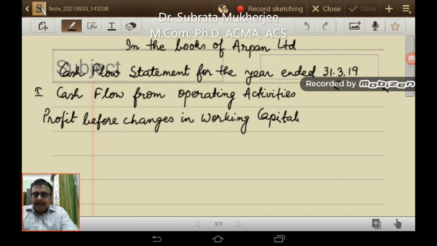So there can be two approaches. One, that the profit before changes in working capital can be calculated here itself under the cash flow from operating activities as shown in some books, but it is easier for the student to understand, and easier to calculate, if we prepare a profit and loss account, and in the profit and loss account we will get this figure, that is profit before changes in working capital, and we will adopt the second approach.